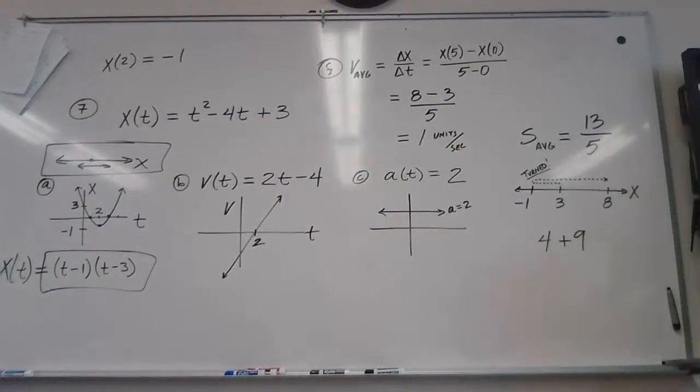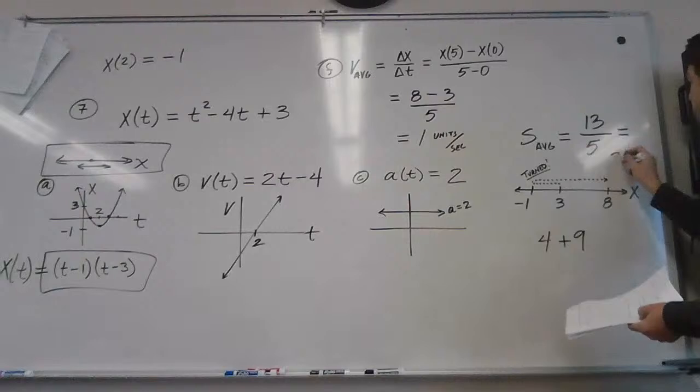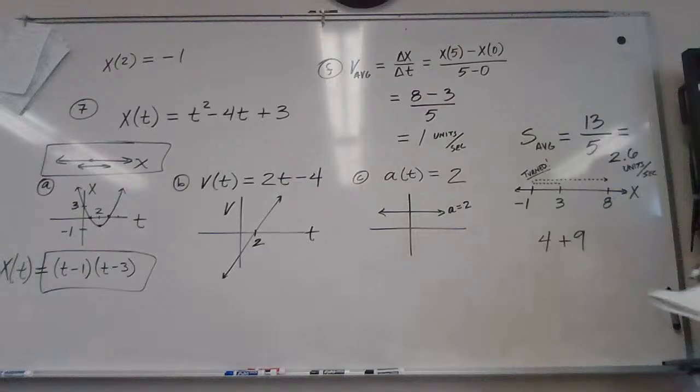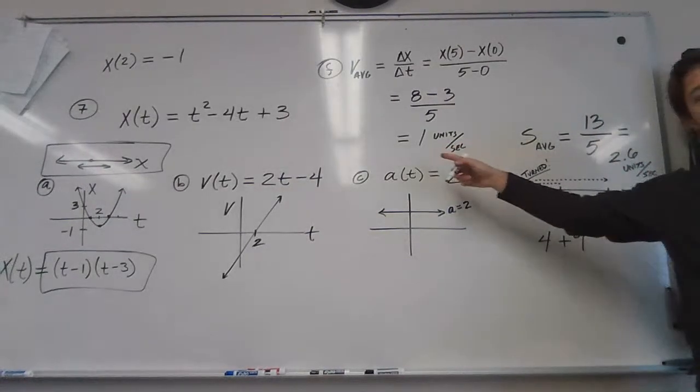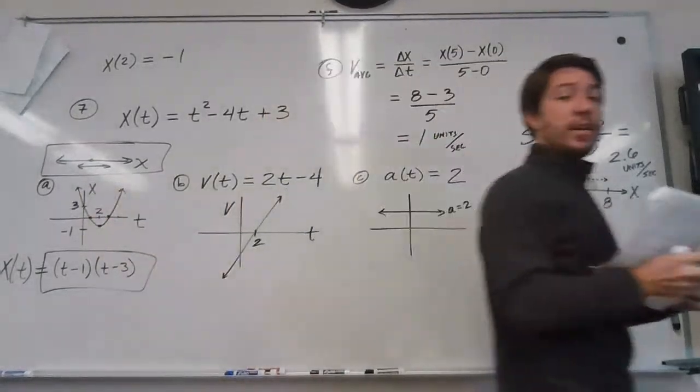So the answer to this would be 2.6 units per second. So notice his average speed is a bigger number than his average velocity, because the average velocity took into account this negative movement and treated it as negative.